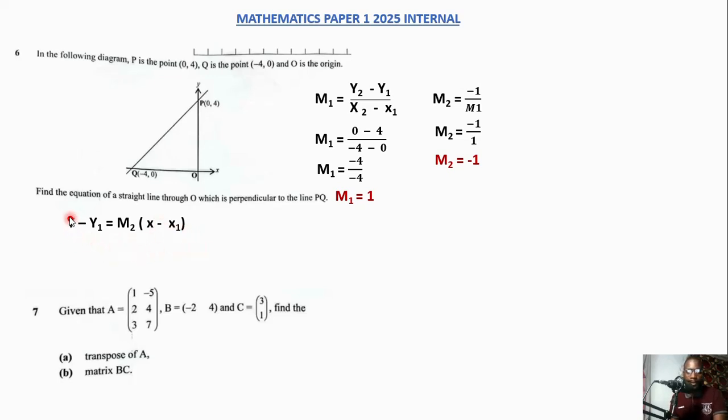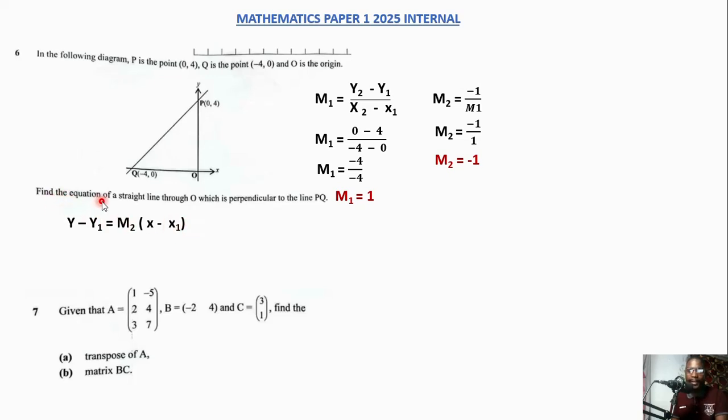So in this formula we're saying y minus y1 is equal to m2 open brackets x minus x1. So we just now need to replace the values. Now look here. This is the point where some students missed it.